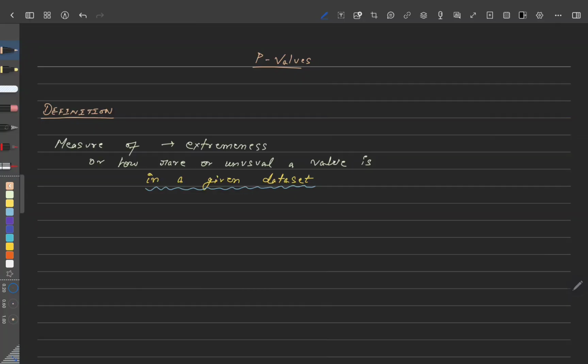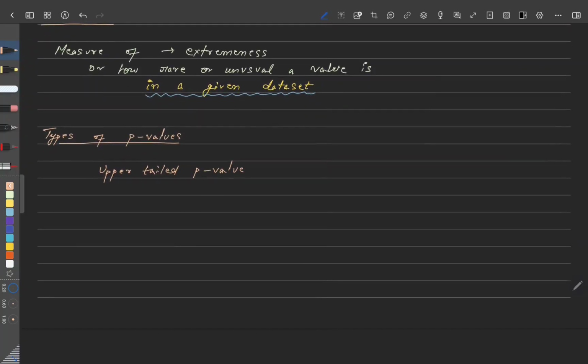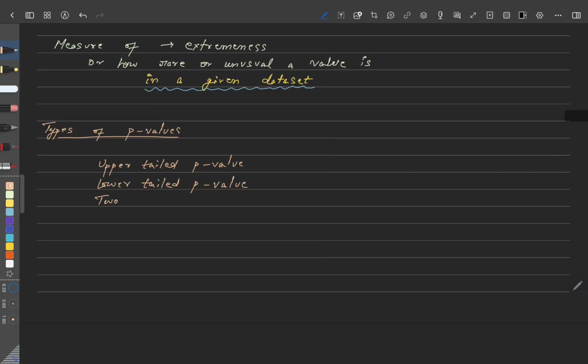P-value is of three types. Types of p-values. We have upper tailed p-value, lower tailed p-value, and two-tailed p-value.